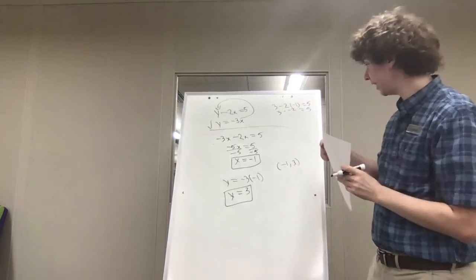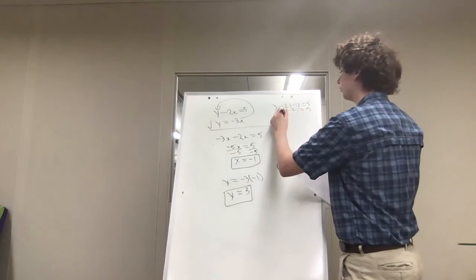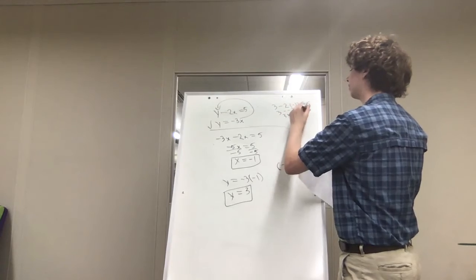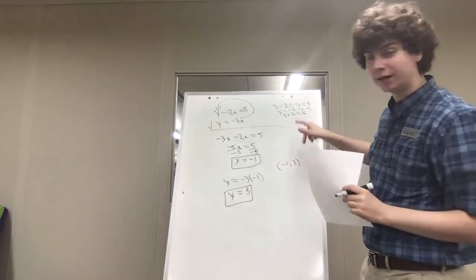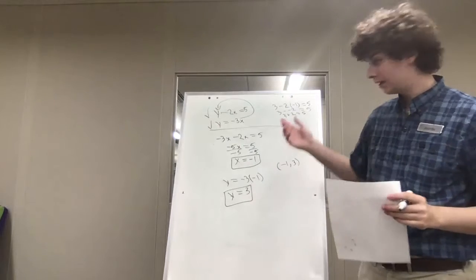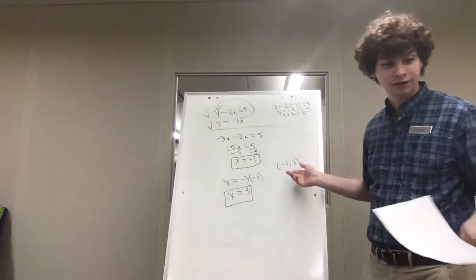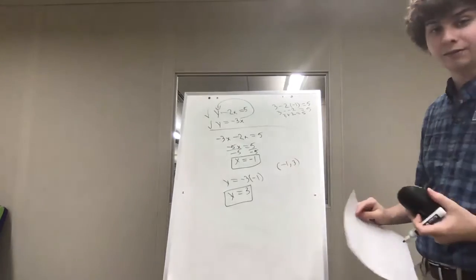When you subtract a negative like this, that makes a positive. So it'll end up being 3 plus 2 equals 5. And that is an accurate statement. So we know that it works for both of them. And so this is our correct answer. And you'll remember it could be one of the other graphs that we saw.